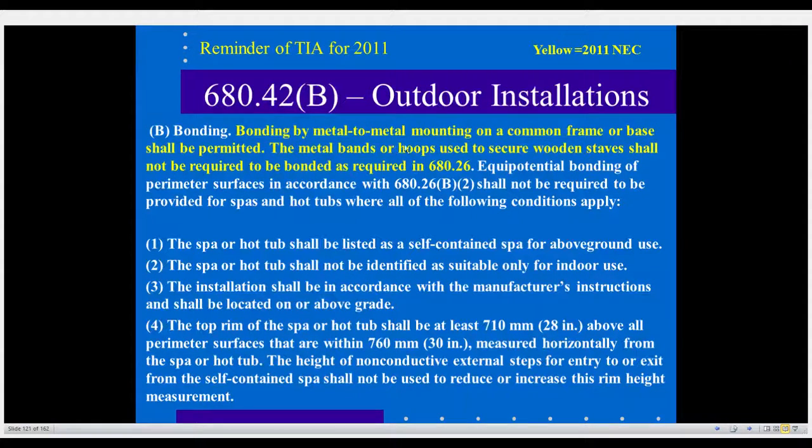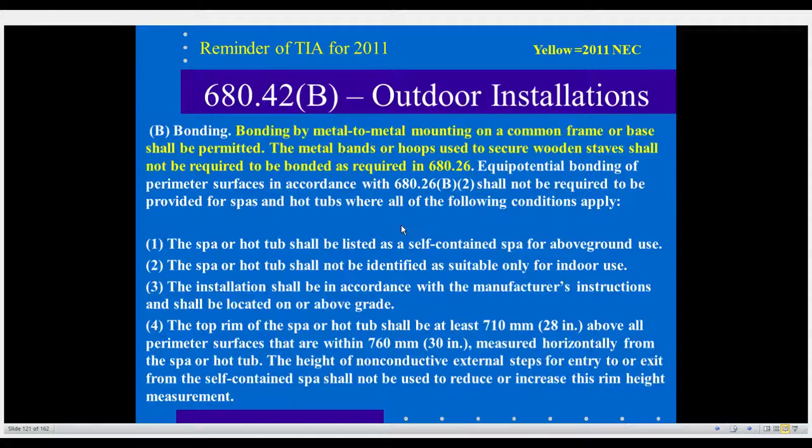Bonding by metal-to-metal mounting on a common frame, which can meet that bonding requirement, or base shall be permitted. The metal bands or hoops used to secure wooden staves shall not be required to be bonded as required in 680.26. That only applied to the bands.